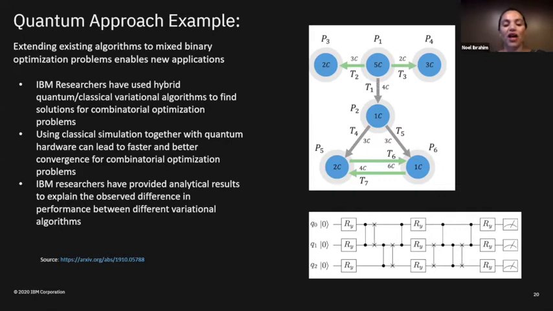A classical algorithm then evaluates, for each of the bit strings, the value of the cost function that describes the problem, and then iterates upon this circuit, changing the parameters of the circuit until the trial wave function that is generated is focused on the bit string that represents the solution to the optimization problem.